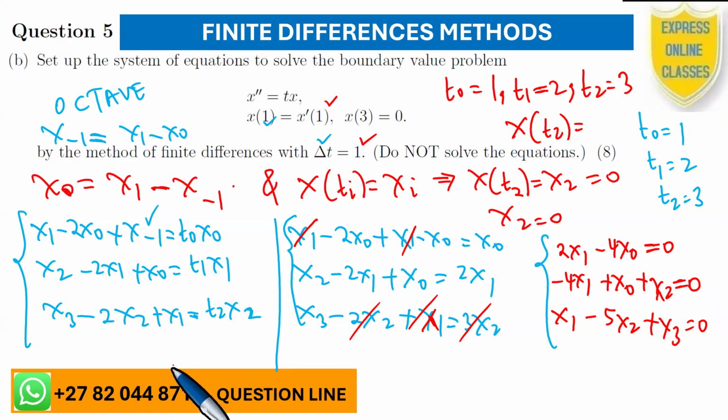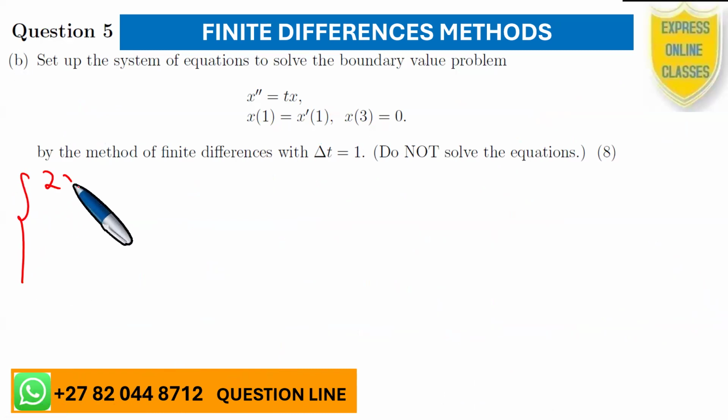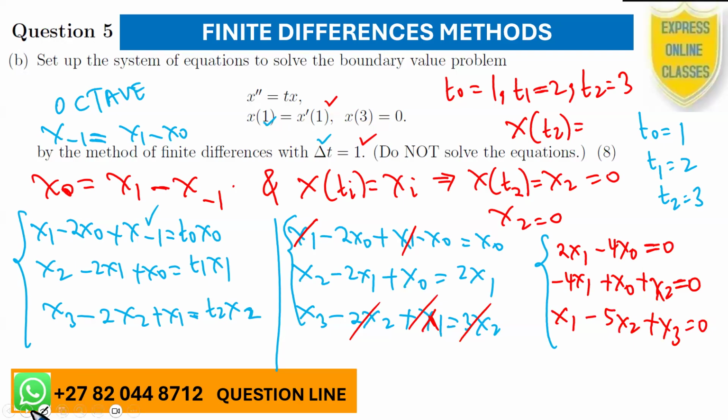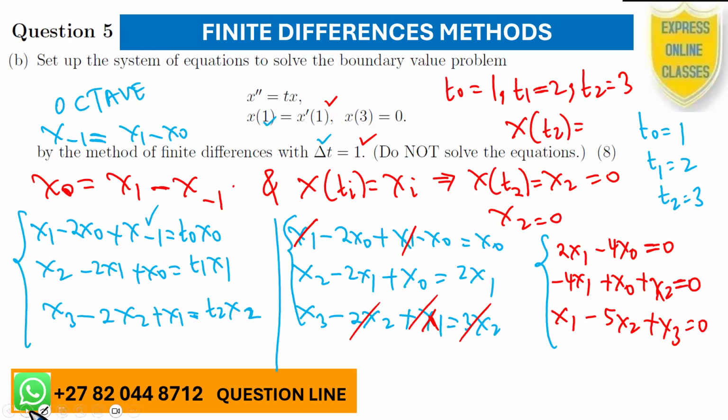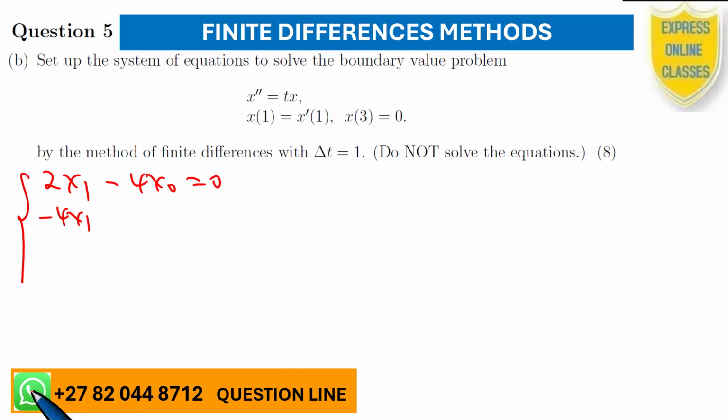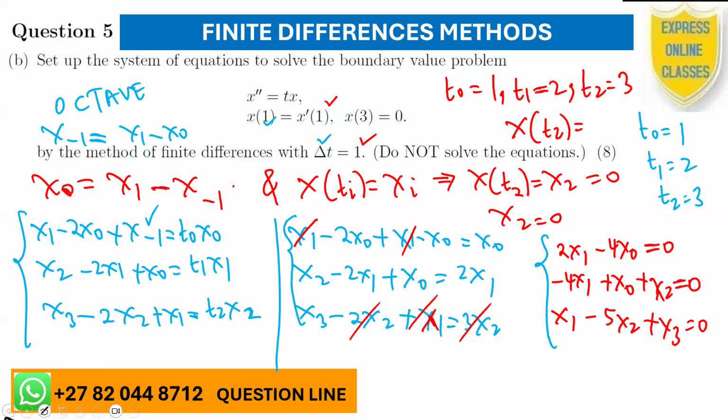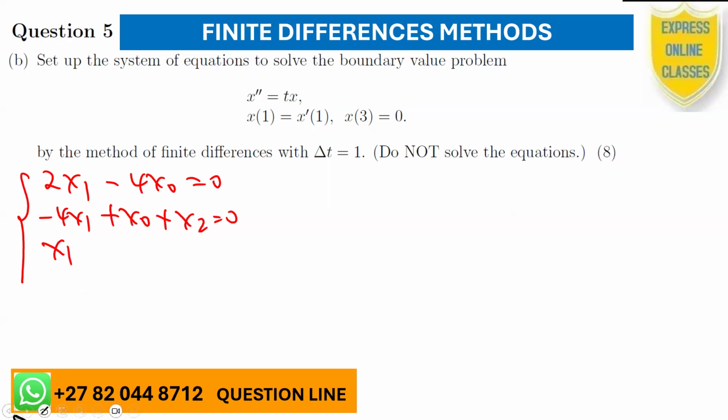So this is what we have, which is 2x1 minus 4x0 minus 4x1 plus x0 plus x1 minus 5x2 plus x3 equals 0.